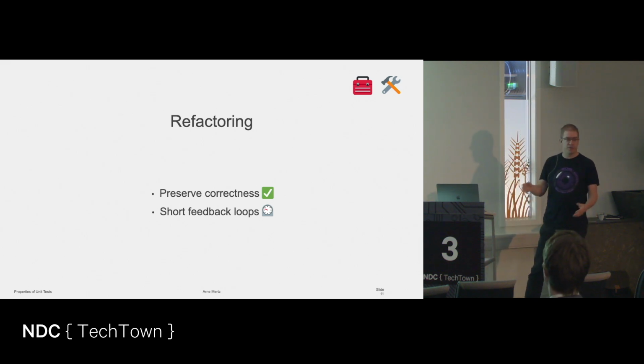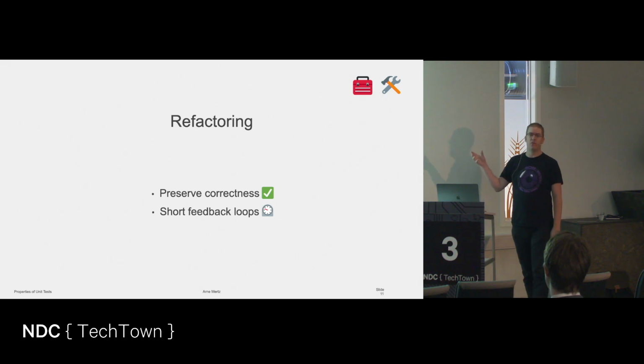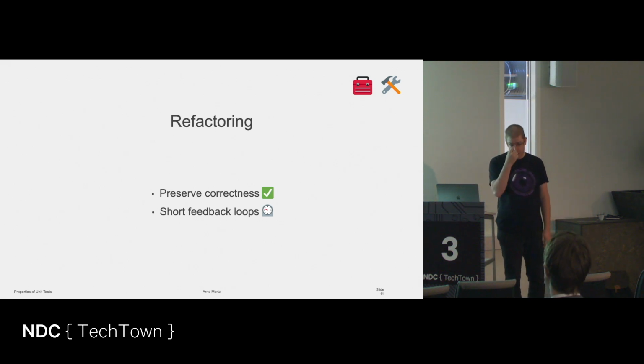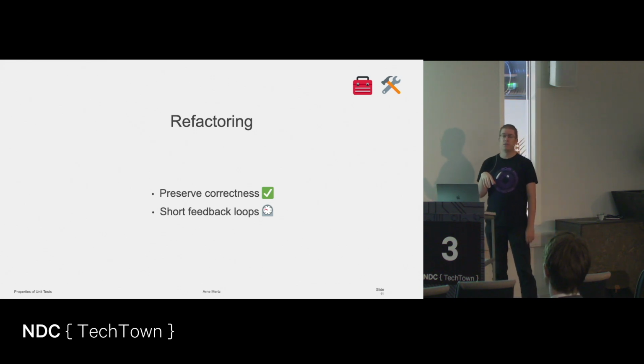Because if you factor out stuff and maybe invert an if condition or invert the booleans in an if condition, it's really easy to make a mistake. And if two days later you end up realizing something happened here, I did something wrong, well, you want to run your unit tests relatively often. So for this kind of refactoring, you want to do refactoring in relatively small steps, so you have these feedback loops.